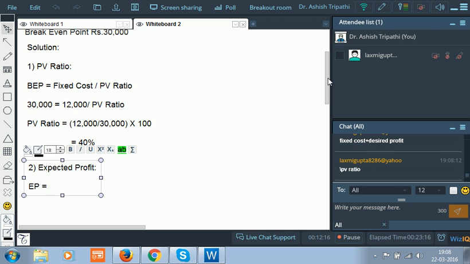So we will say expected sales is equal to fixed cost plus desired profit, or you can say expected profit, whole upon PV ratio. So if we put the value, fixed cost is 12,000 plus desired profit.